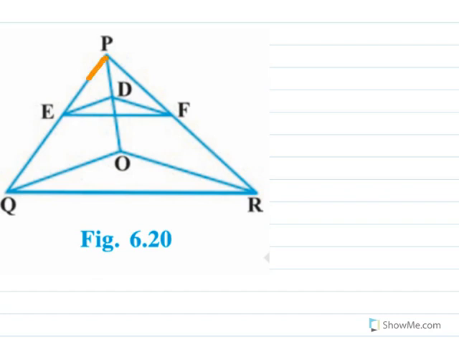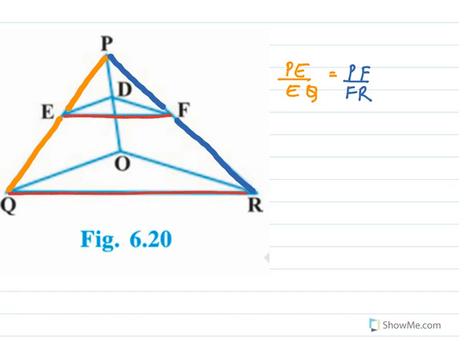So earlier we have now proved that PE over EQ is equal to PF over FR. So if these are equal, definitely you'll agree, we can use converse of BPT. You will agree that EF must be parallel to QR. So therefore I'll write EF parallel to QR by converse of BPT.